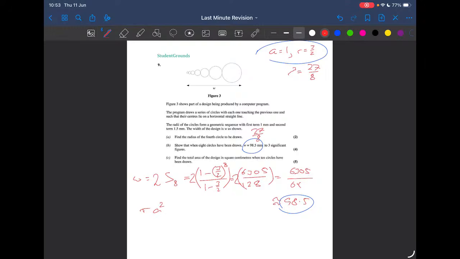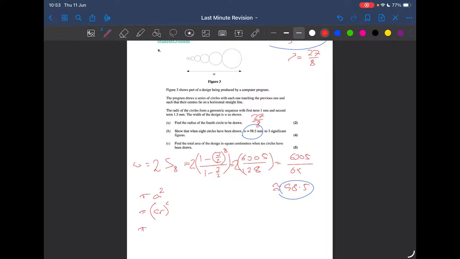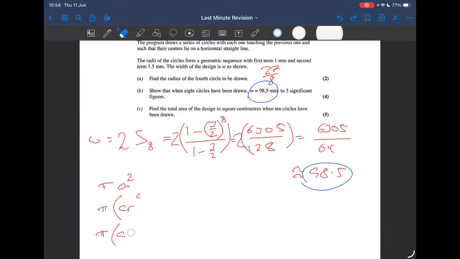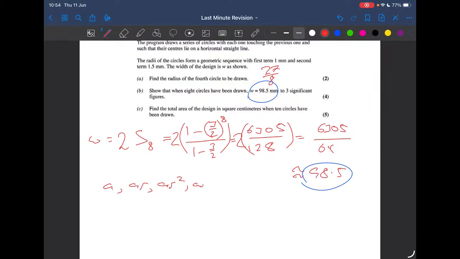But the next one is going to be pi times (ar) all squared. And then the next one after that is going to be pi times (ar) cubed. No, not like that. Hold on, let's start again. Let's think about our sequence. We have a, then ar, then ar squared, then ar cubed.